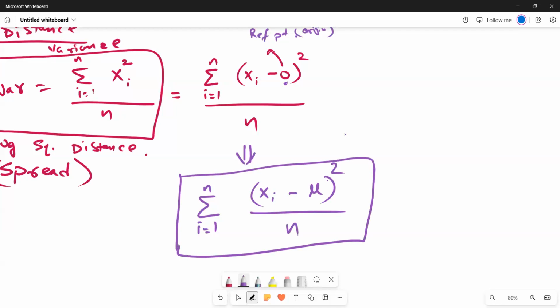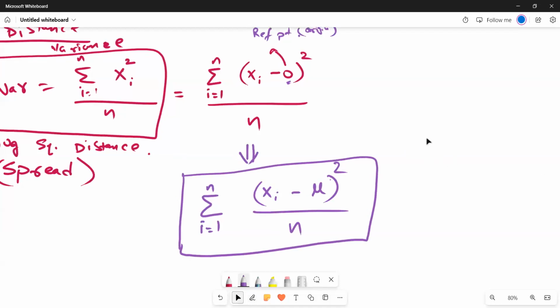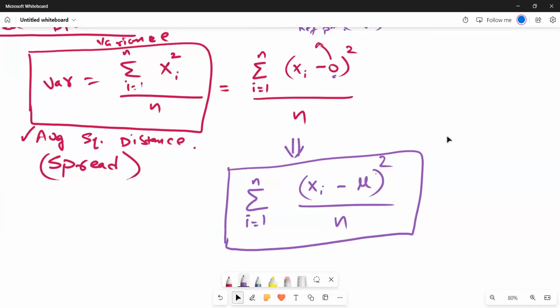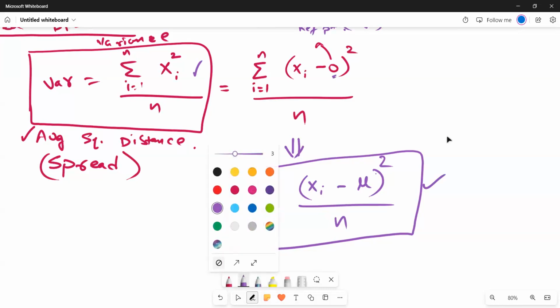Now, as the formula changes a little, to differentiate between these two formulas, there are terms associated with these.